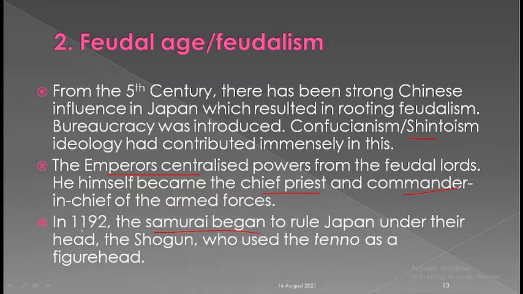Since around 1192, the Tenno became the nominal head, and the real power belonged to the samurai or the military groups under the leadership of the shogun, the military leader.